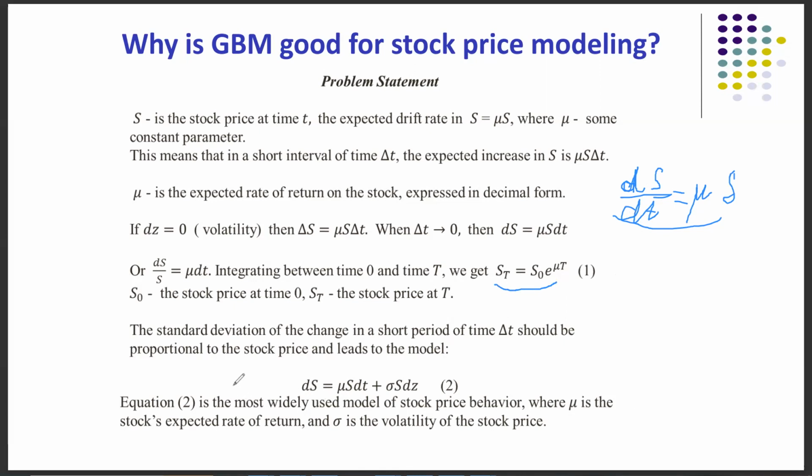But the standard deviation of the change in a short period of time should be proportional to the stock price, and that leads to this model: dS equals mu S dt plus sigma S dz. So one term defines a trend, and the other is the stochastic term.